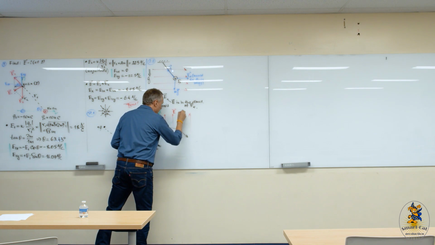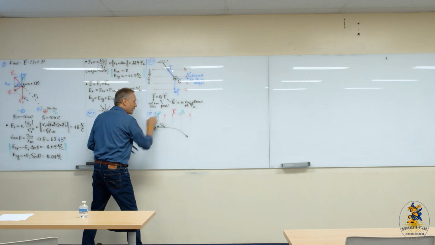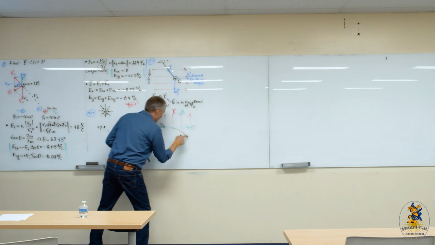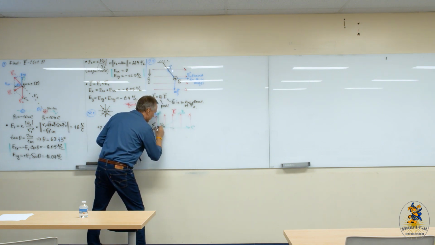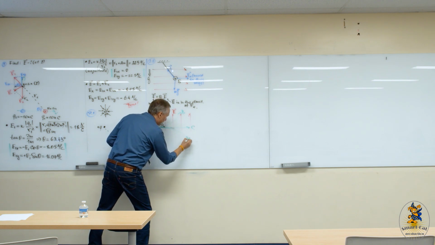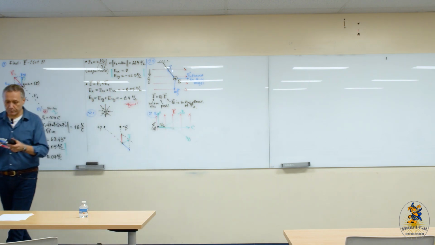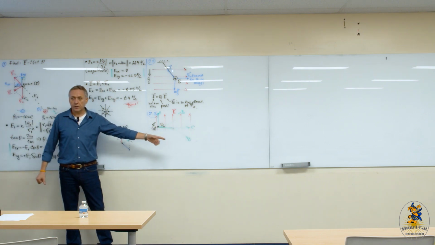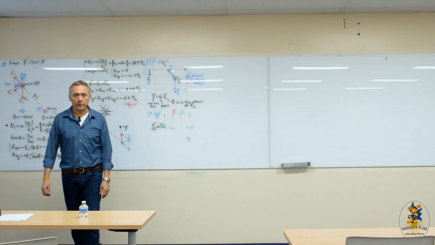Trajectory B, is it possible? Wait, force of habit, sorry. Trajectory C, or this trajectory D. So which trajectory is possible? We shoot an electron inside of the electric field. Which trajectory is possible?